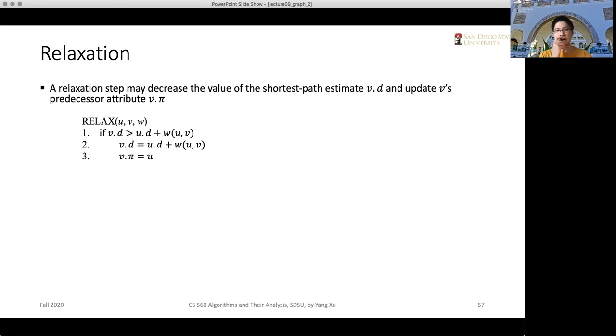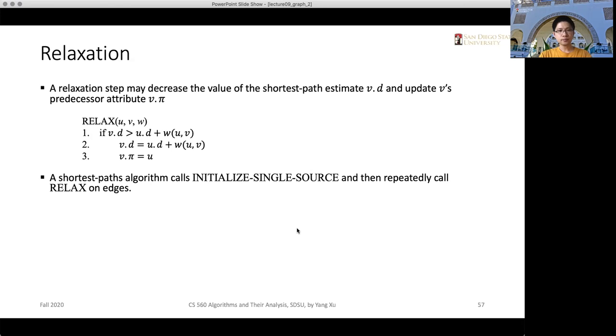So we update the D of V with this new value, U dot D plus the weight between U and V. And then we also update the pi relationship, because the parent of V should be U.